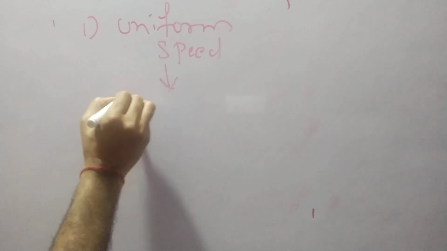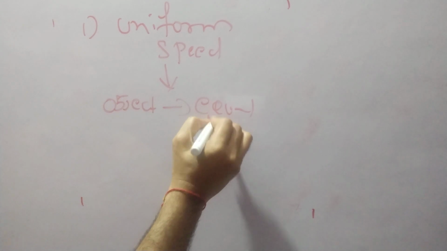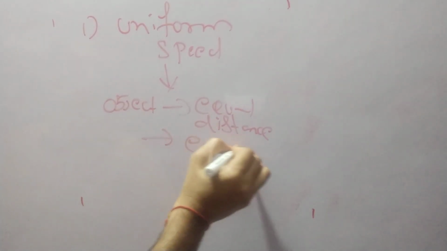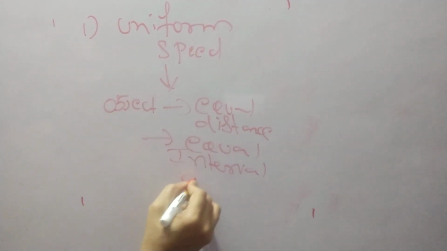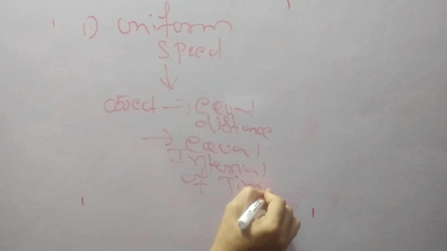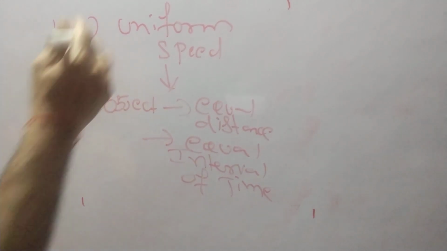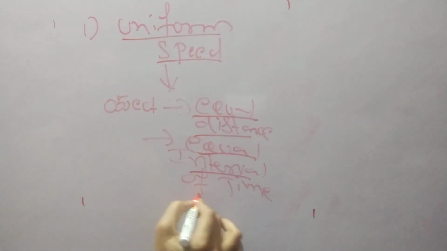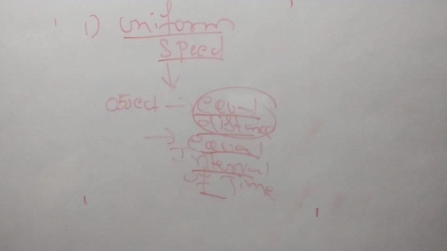If the object covers equal distance in equal interval of time, this is the definition of uniform speed. Uniform speed means equal distance and equal interval of time. So if the object covers equal distance in equal intervals of time, we can say that is a uniform speed, right?